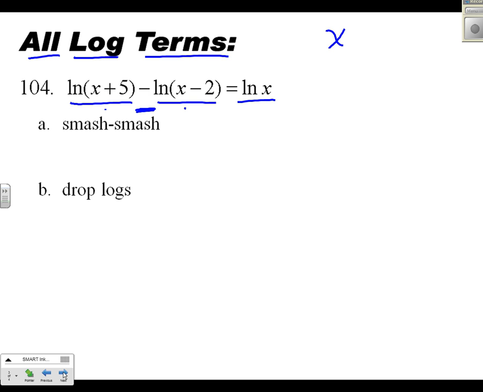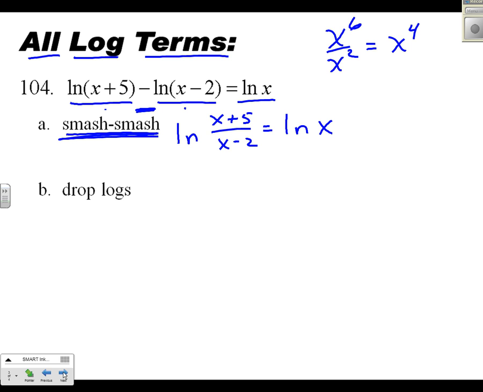We subtract exponents in quotients. So as we smash this, this becomes a quotient: ln of x plus 5 on x minus 2 equals ln x.